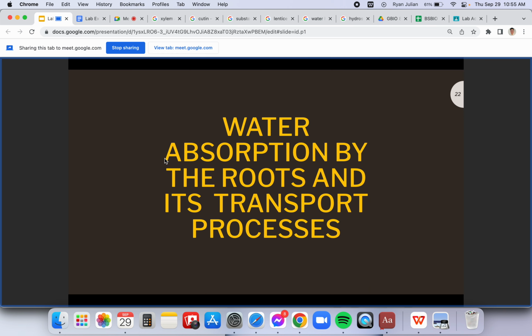Okay, now for the remaining slides that we have here, let's discuss the water absorption by the roots and its transport processes.